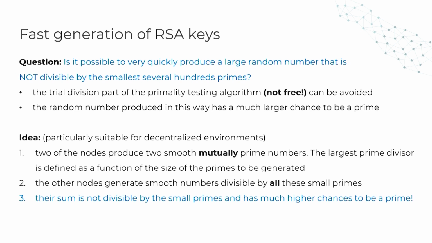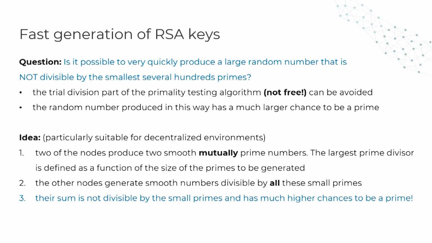The point of fast prime number generation is you produce a random number, you do trial division up to the first, let's say, several hundred primes. And if the answer is no, you go to Rabin-Miller or Solovay-Strassen or any of the available computational number theory tests. Is there a chance to immediately produce a number very quickly which is probably not divisible by the first, let's say, 500 primes?